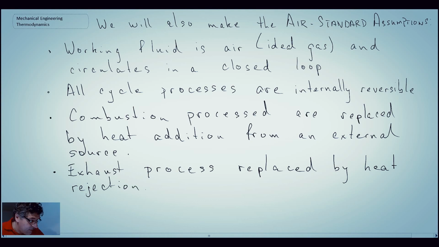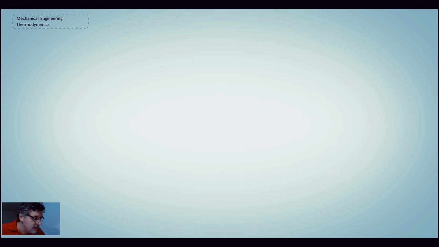We dump it into the atmosphere, and we draw in a new fresh charge of air, and then we mix it with fuel. But what we'll assume is that there's a heat transfer process that takes place, and that enables us then to do a cycle analysis for whatever cycle we're looking at, be it the internal combustion engine with spark ignition, compression ignition, or Brayton, or the Stirling.